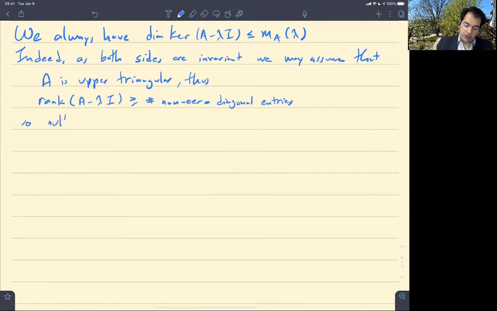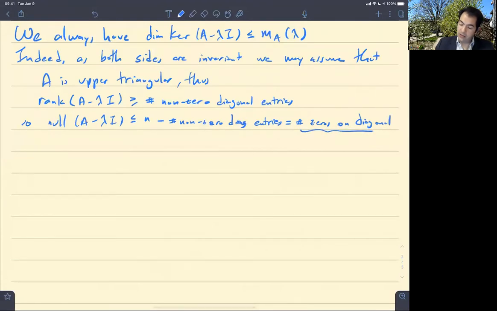So the null space of A minus lambda times the identity has dimension at most n minus the number of non-zero diagonal entries, which is equal to the number of zeros on the diagonal. And as we've already discussed, that is equal to the algebraic multiplicity of lambda.